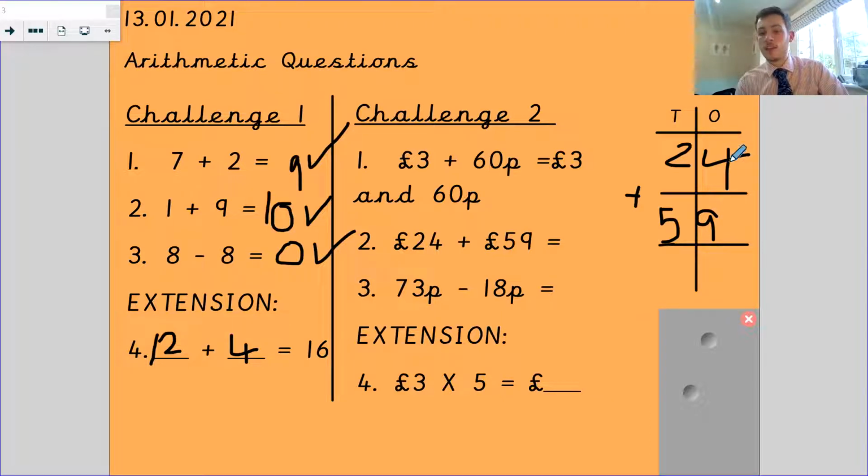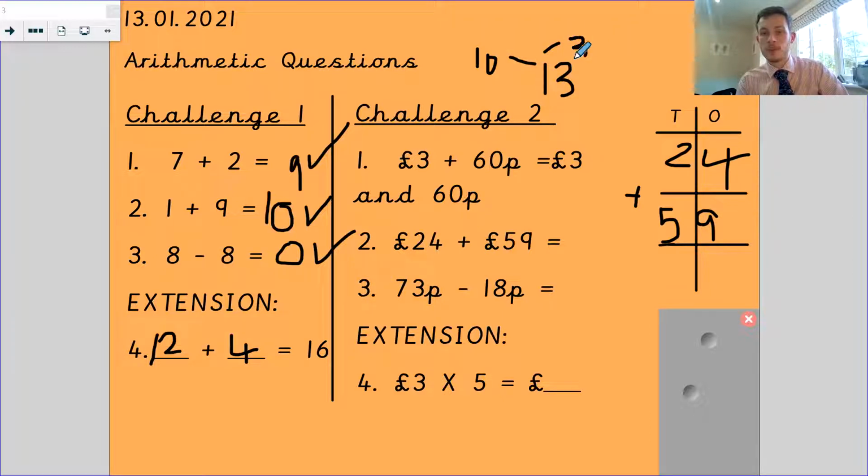I know that if I have one more, the 9 is 10, so I add my 3 after that. That's going to be 13. Can't put 13 in there because otherwise it's going to give me a hundreds number at the bottom. It's going to look very silly. So 13 is going to be 10 and 3.